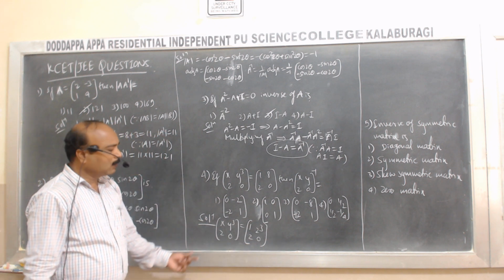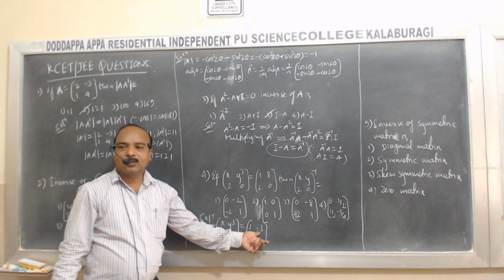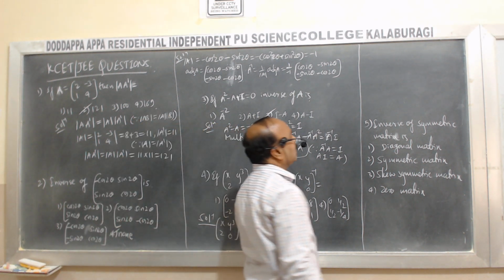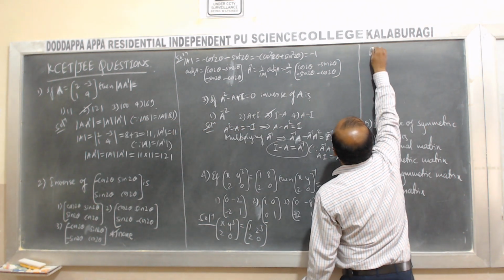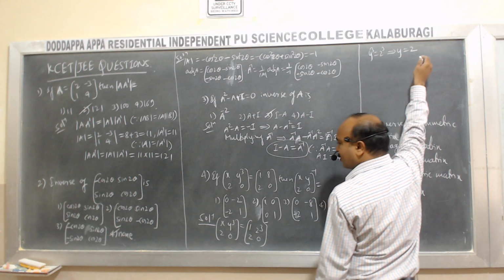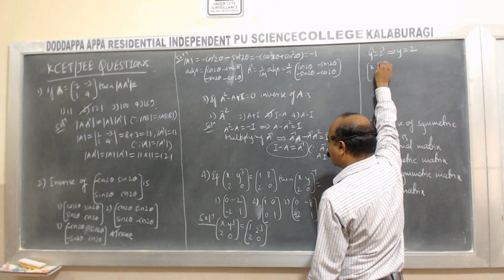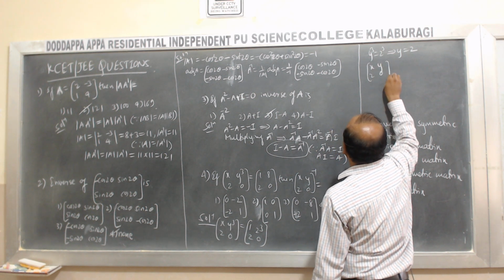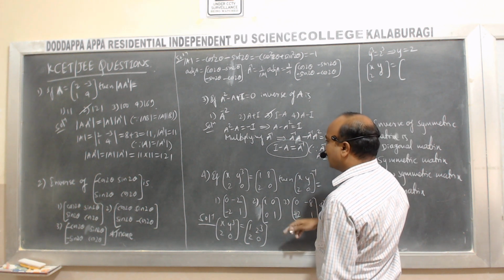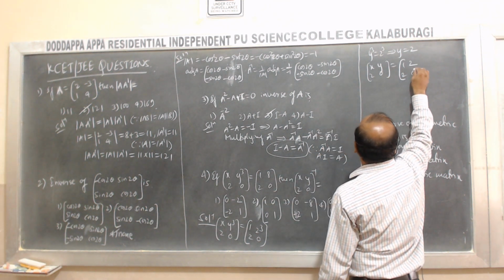Now by comparing both sides we get the y value, so y³ equals 2³, therefore y equals 2. Then the matrix [x, y; 2, 0] is nothing but [1, 2; 2, 0].